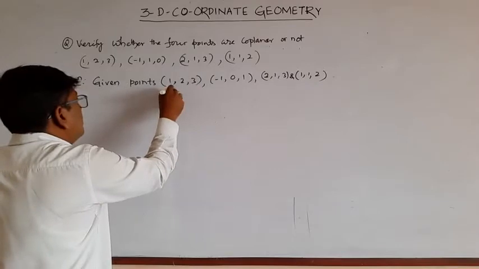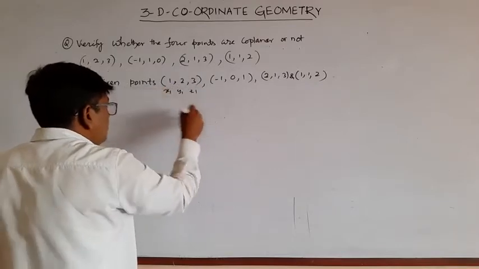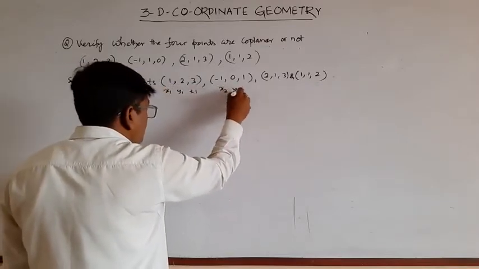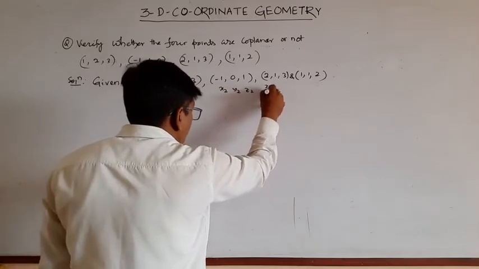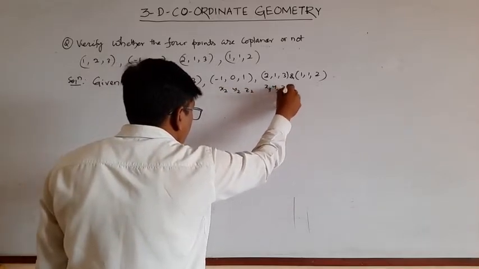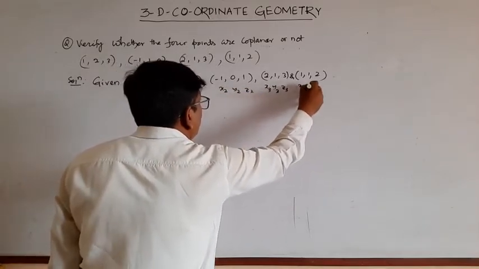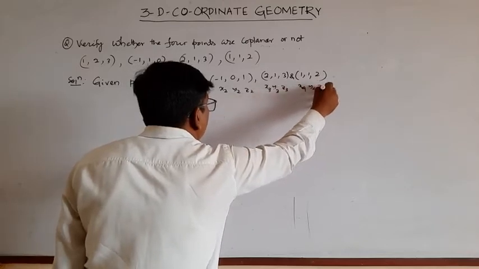These are x1, y1, z1, x2, y2, z2, x3, y3, z3, x4, y4, z4.